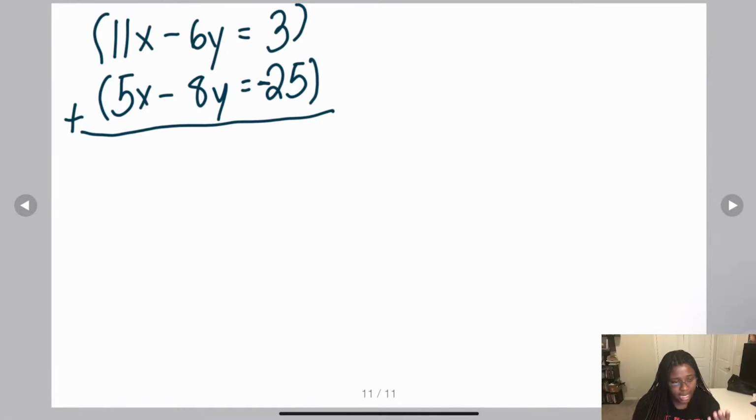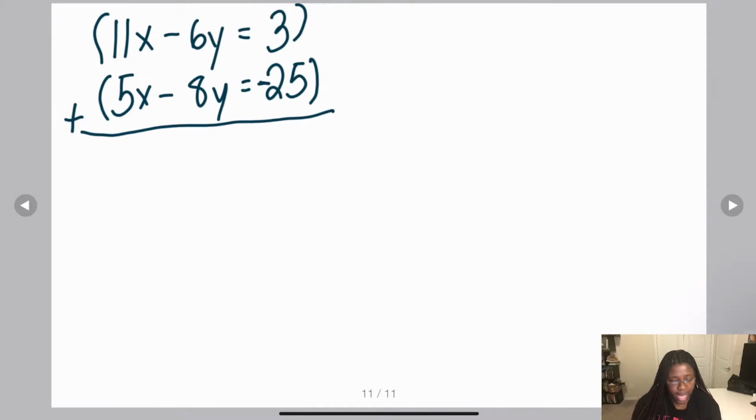Let's try 16. 8 can go into 16 twice, but 6 cannot go into 16 at all. So you just keep thinking about the different numbers. And then the one that I can think of right off the bat is 24. 6 can go into 24 4 times, and 8 can go into 24 3 times. So I'm going to make sure that 6 and 8 are now 24.